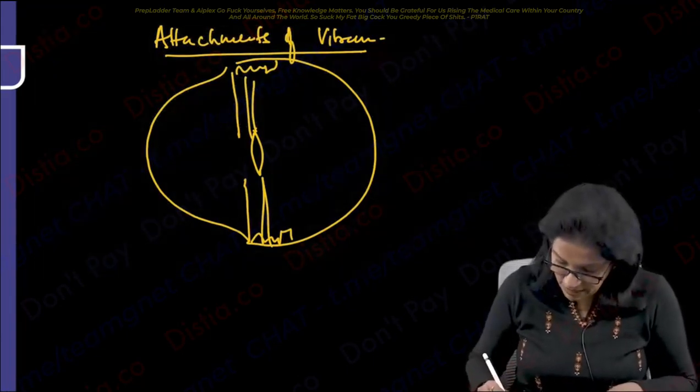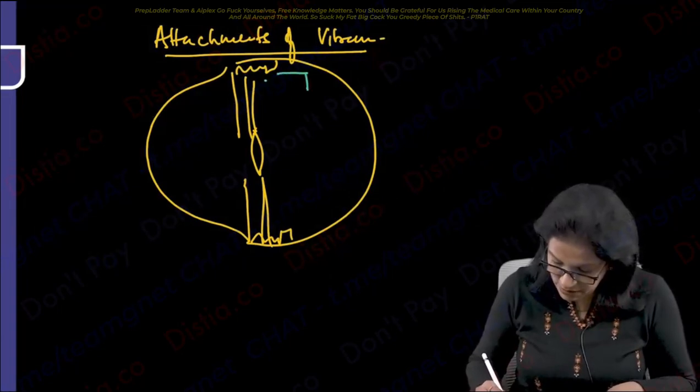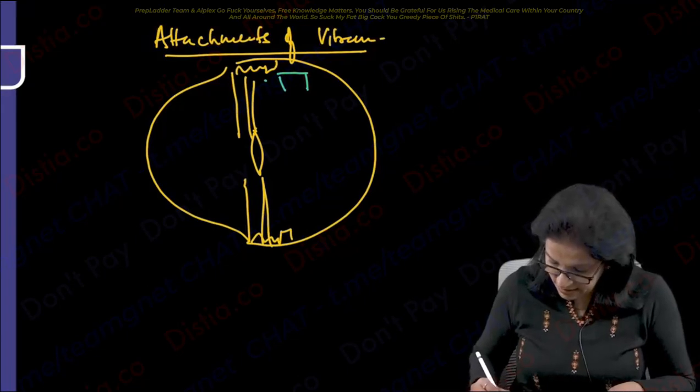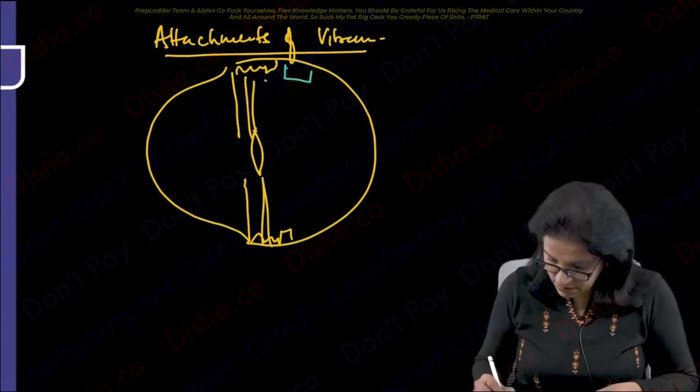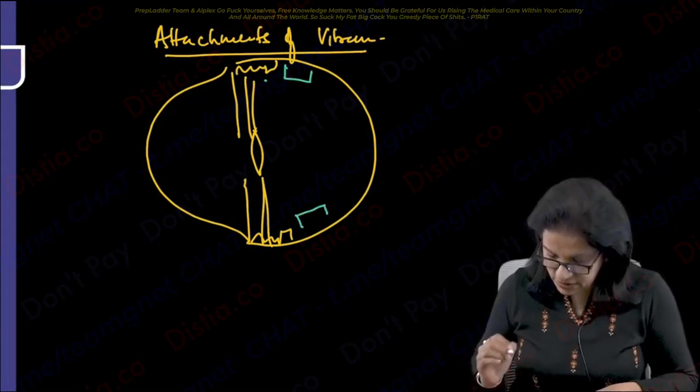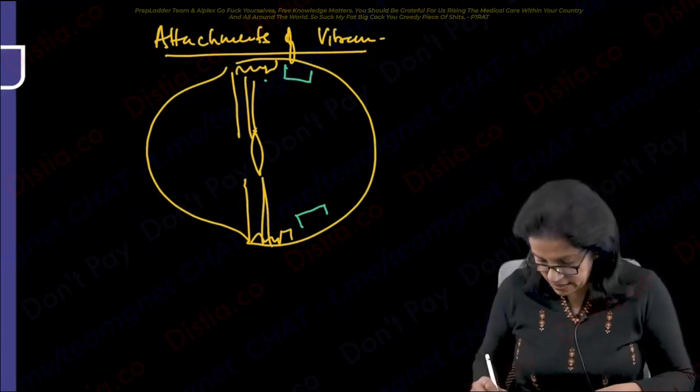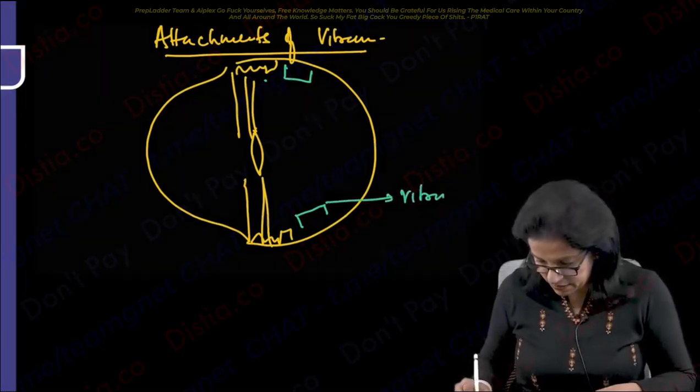So, anterior, and this is what vitreous base, which is spanning the ora serrata, will be this one. If this is the ora serrata, right? Wait a minute. We should be making it like this. So, this is the vitreous base, which is spanning the ora serrata. Okay? Number one, I'll start with this one.